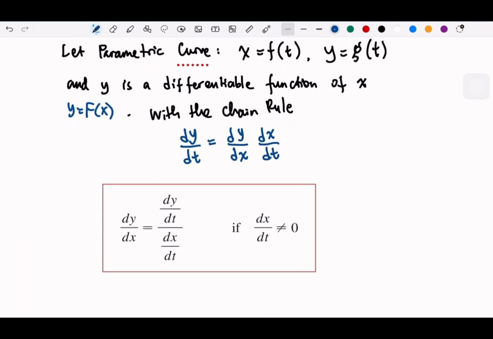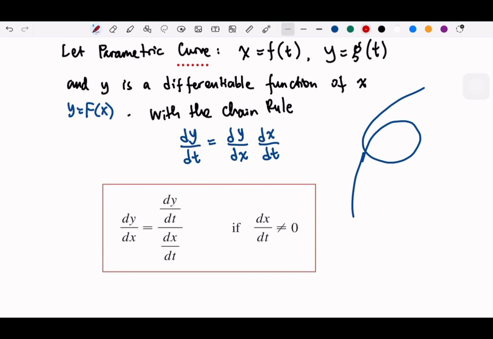Also from this, we could imply that perhaps we have a curve like this, or maybe let me draw one having a loop like that, just as a reference.